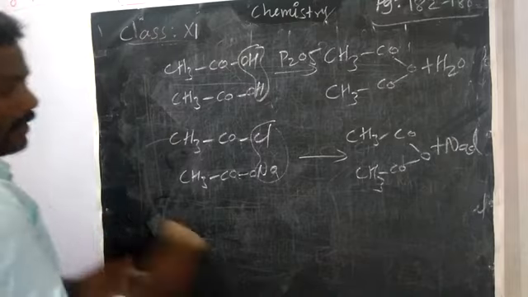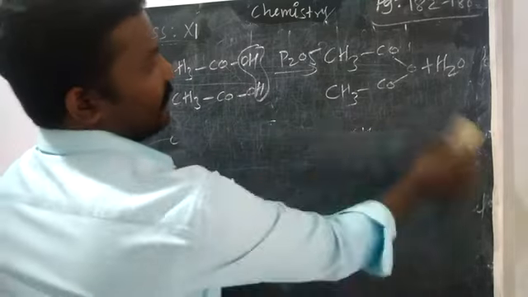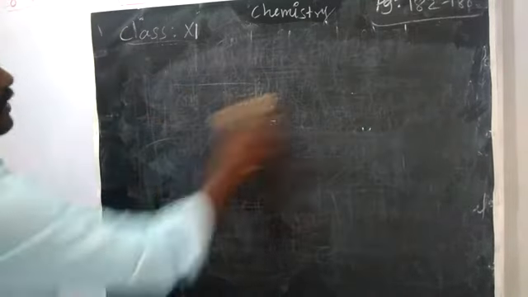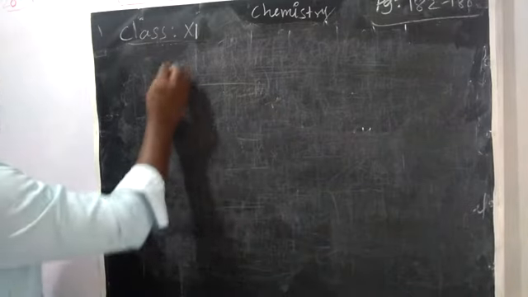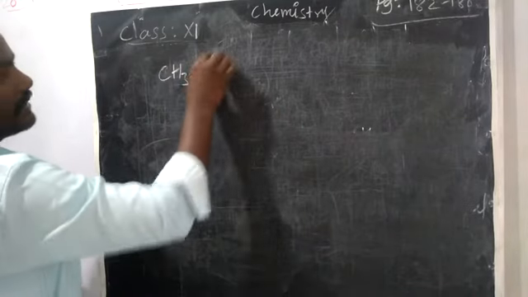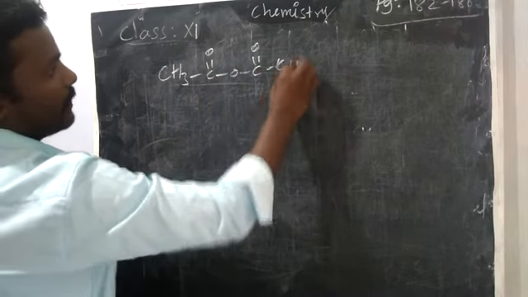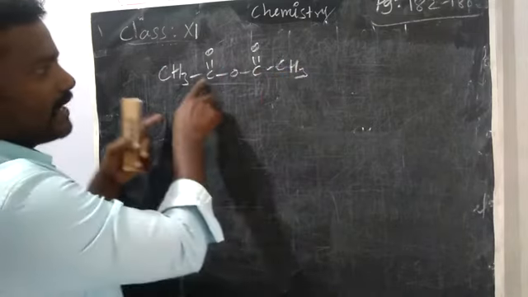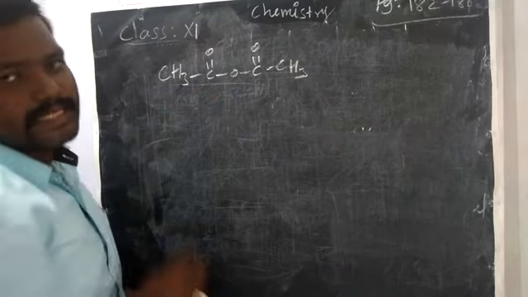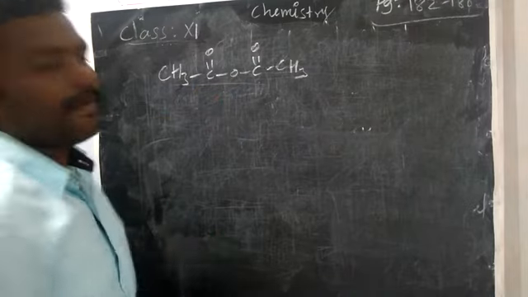Now we can have the chemical reactions of acetic anhydride. First, as usual, react with water. Acetic anhydride, CH3 C double bond O, C double bond O, CH3. Both ways of writing are the same, okay?